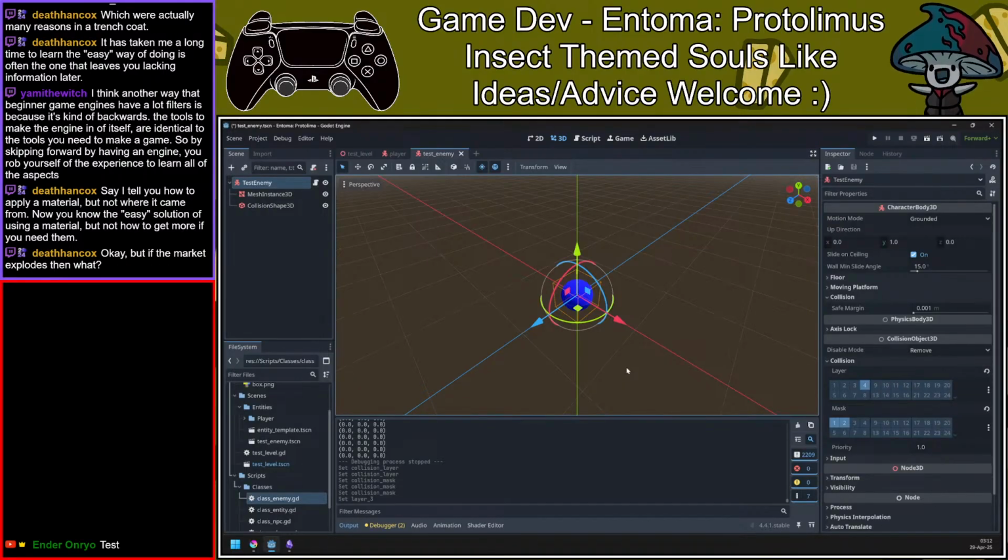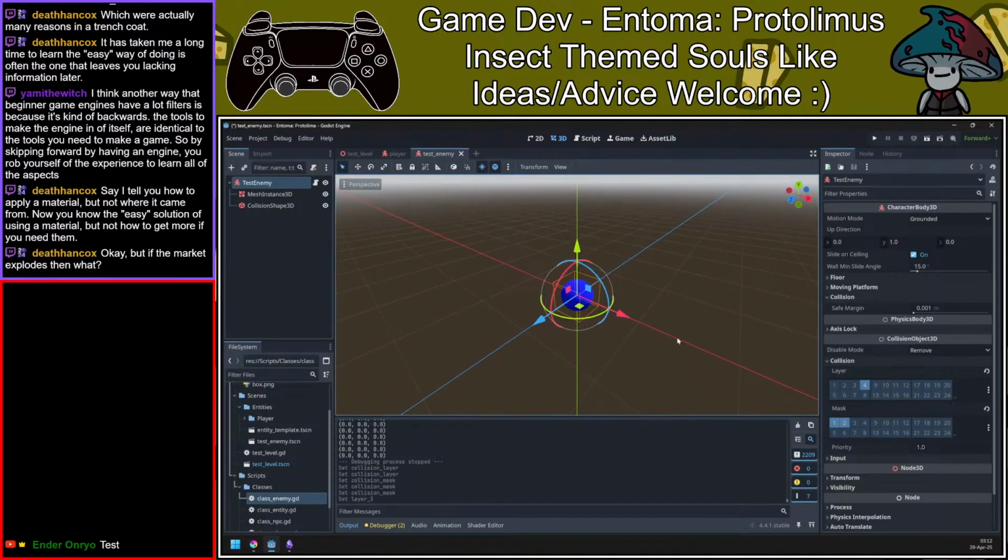If the market explodes, then what? I highly doubt that's going to happen. There's always going to be somebody you can just pay to make the materials for you.